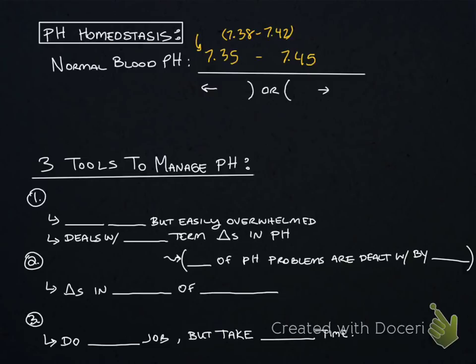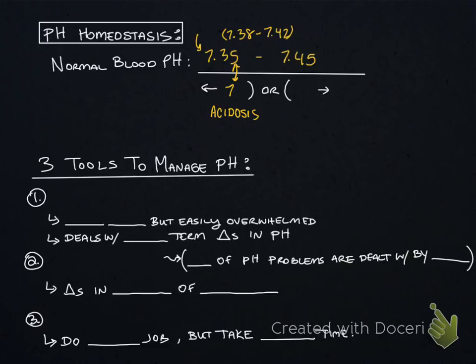From 7 up is considered basic or alkaline. So from 7.35 to 7, that area is considered an acidosis. If you go past 7, it's not good. You will die.